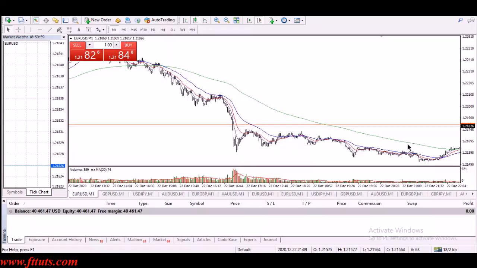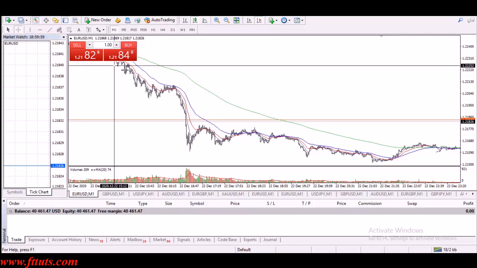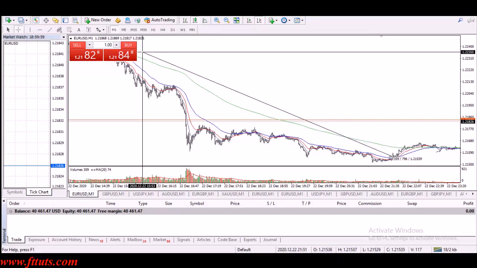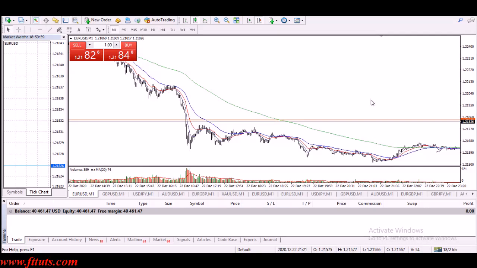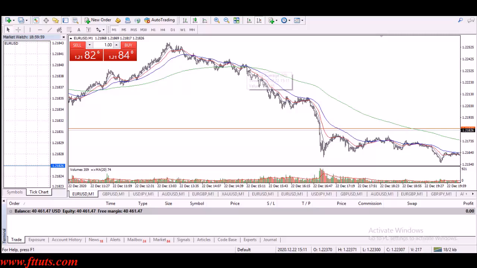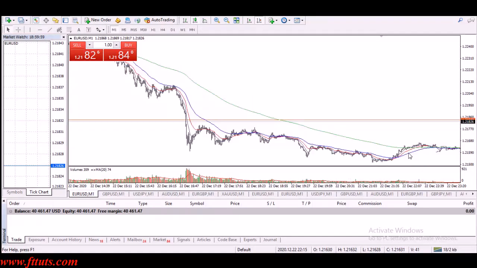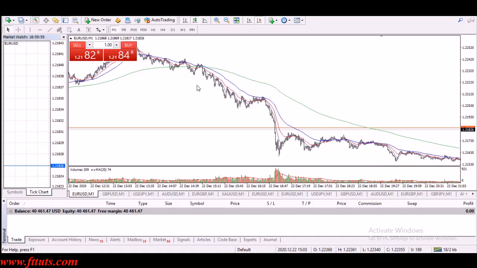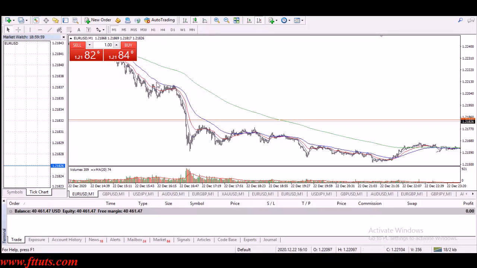Very big one. That's perfect. Price was around 1.22300, and you have closed on 1.21600. So that's a lot, and you don't have just one sell order, you have too many sell orders.